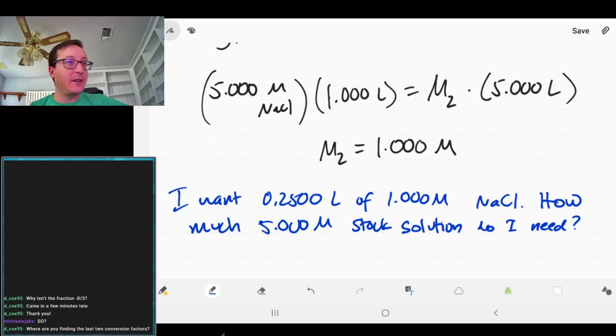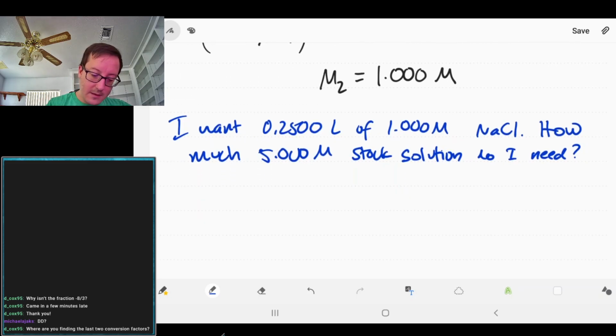Now we can say instead of massing out our sodium chloride, we can take our stock solution and just dilute it. And so our desired ones could be solution 1.